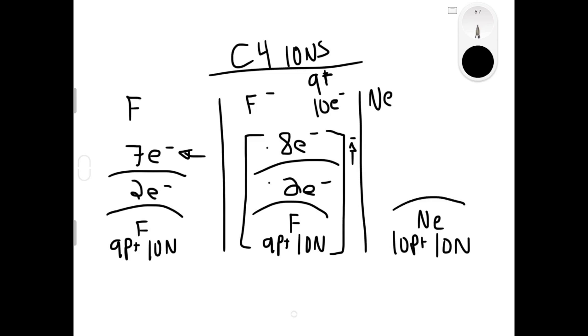Just quickly comparing to neon, again, even though it does not form ions, it has this stable configuration. So when fluorine forms this ion, it will not further react with other things. It's happy with that gained electron that it has, and it will stay in that stable configuration.